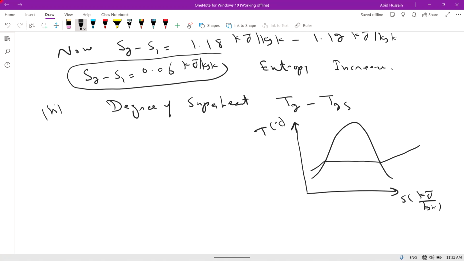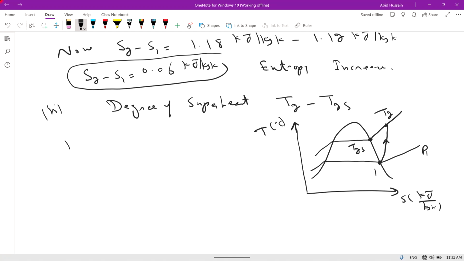This is P1, this is P2. Initial point 1 is here, final point is here, this is T2 and this is T2S. The difference of temperature between T2 and T2S is called the degree of superheat. So we will find T2S and T2.